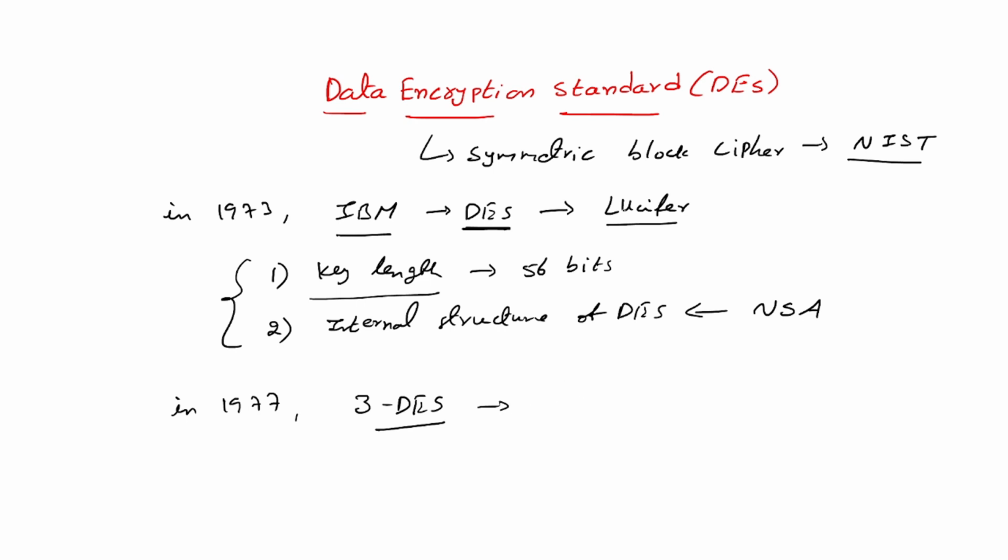Most importantly, it is a symmetric block cipher. We already discussed block ciphers. Block cipher means the plain text will be divided into blocks, each block will be encrypted at a time, and ciphertext will be generated.